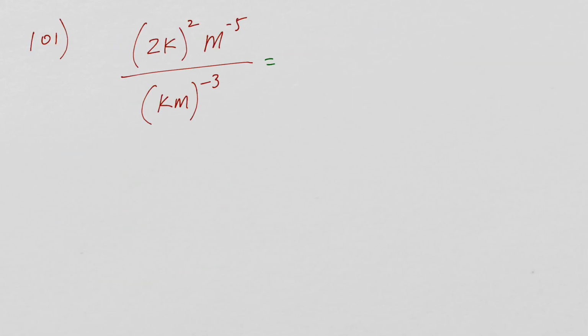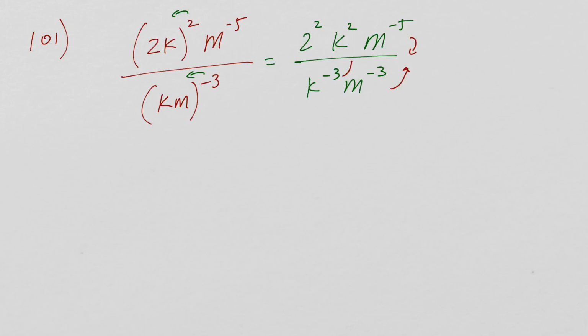Okay, let's bring this 2 in. So we'll have 2 to the 2nd, k to the 2nd, but we still have m to the negative 5. On the bottom, we'll bring this in, and we'll have k to the negative 3, m to the negative 3. Now, I'm going to move this up there, and this down here, and this up there.